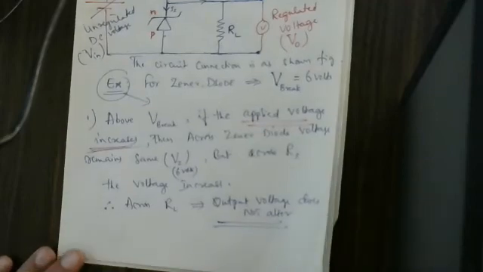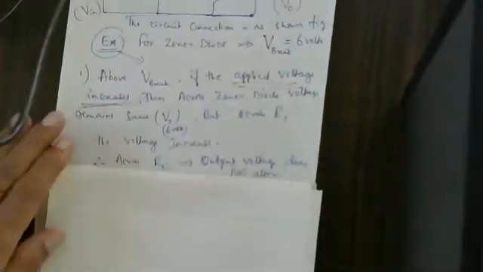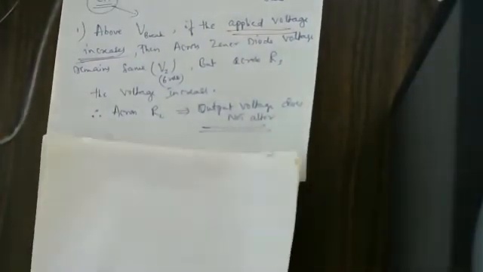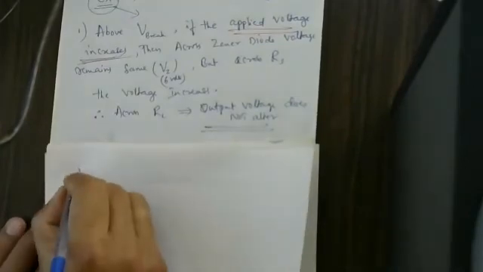Okay, output characteristic also we are supposed to write. I will write the same concept, but in a reverse way now. I will show that also, just to see what I am writing here and what has already been written. Okay, point number 2.